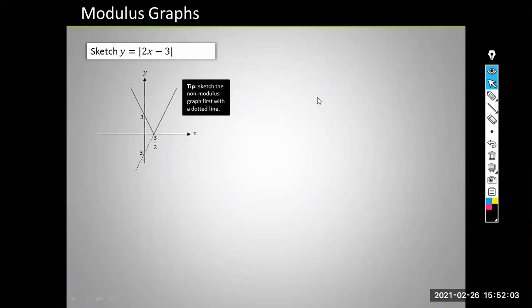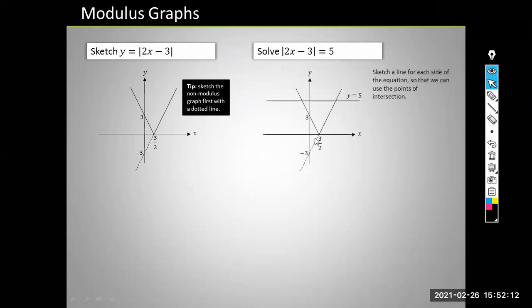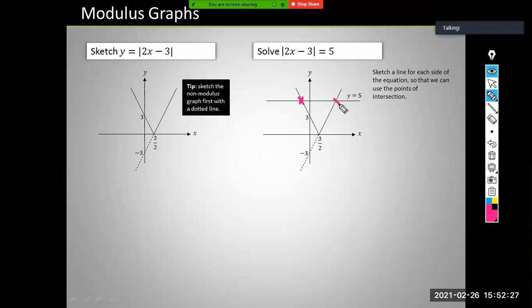If we have another one, modulus of 2x minus 3 equal to 5, and we are solving this using the graph, this is the graph that we got just now. Equal to 5 means the line y equal to 5, which is this line right here. We get 2 points of intersection, so we get 2 different values of x.